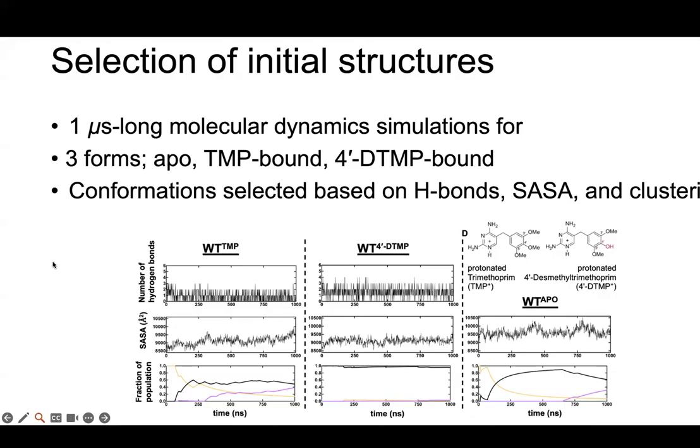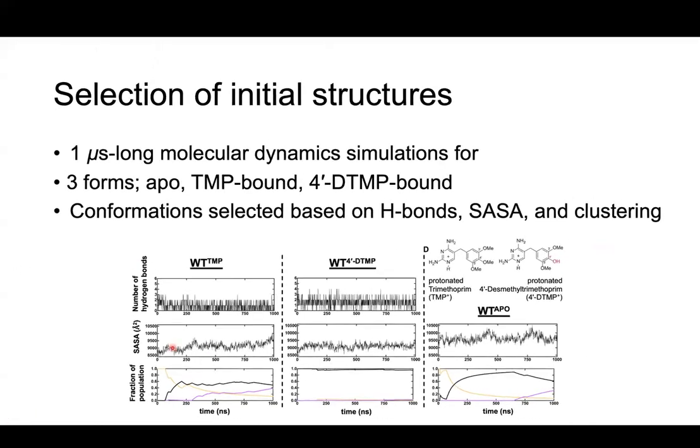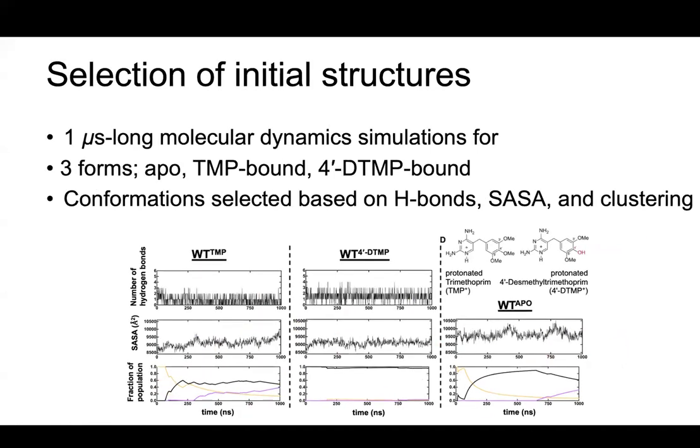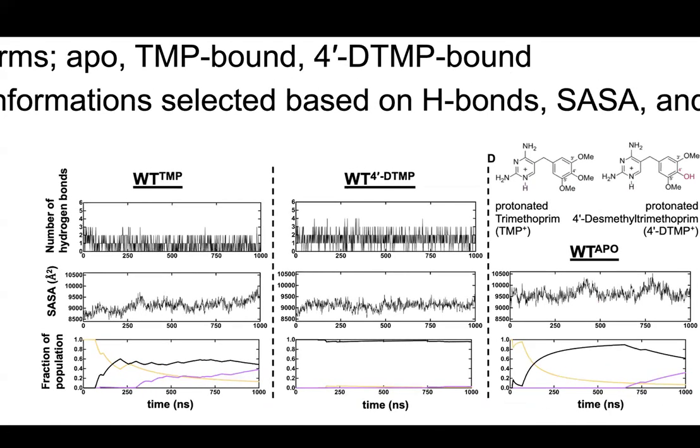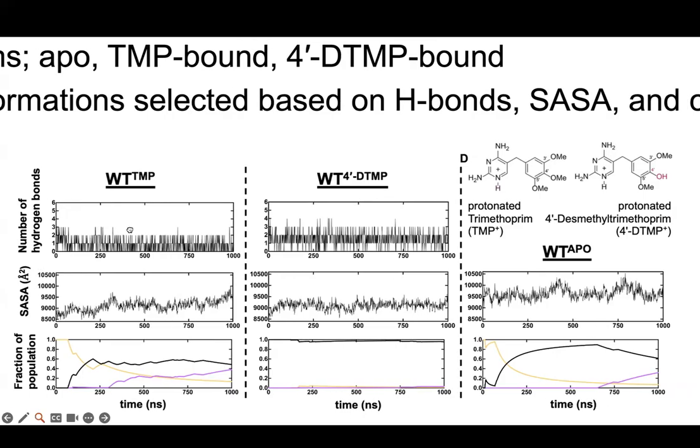Again, SASA is not something that is written in stone. As you can see here, it changed drastically for these 3 forms of DHFR. The last one is like a statistical method. It calculates the RMSF in the structures and makes clusters.